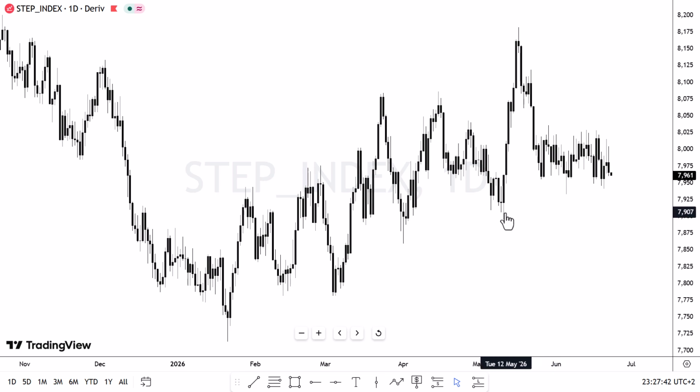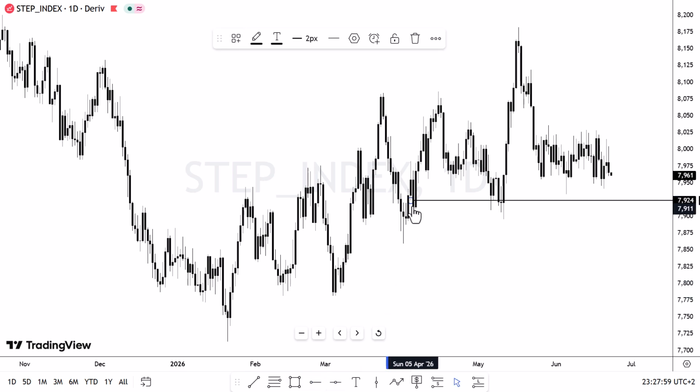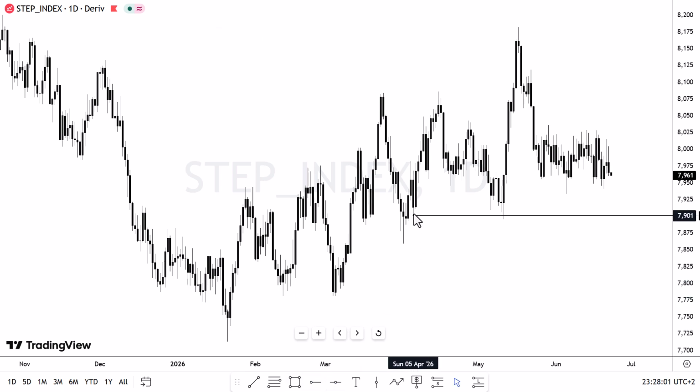Below that, we have the May 11th low. You can clearly see that the May 11th low is pretty close to this one, the April low. So I'm going to add a line right there. As we can clearly see, we have these as relative equal lows.